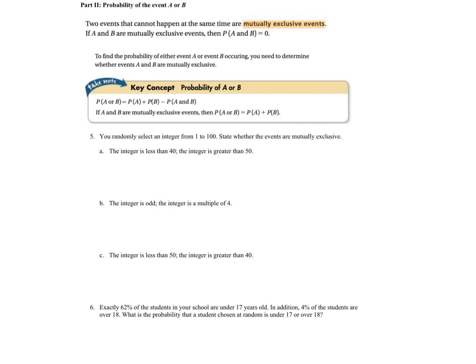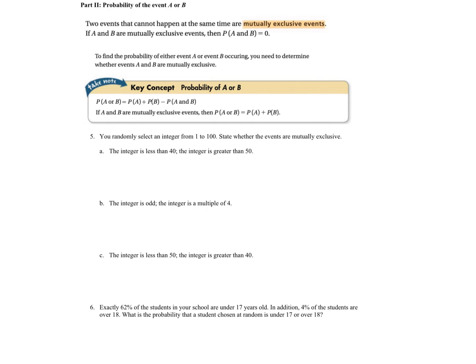Now we're going to find the probability of event A or event B. First we need to define mutually exclusive events. 2 events that cannot happen at the same time are mutually exclusive events. If A and B are mutually exclusive events, then the probability of event A and B is 0.